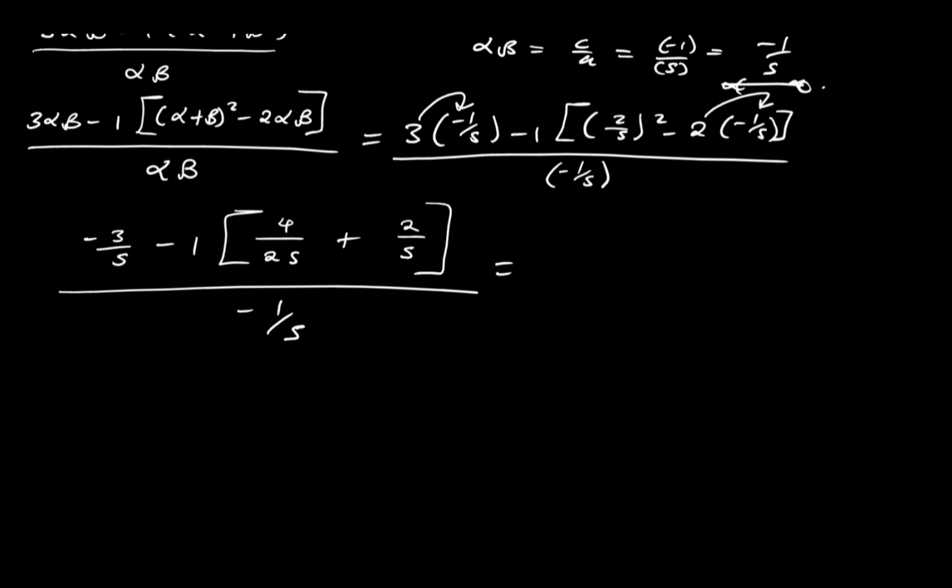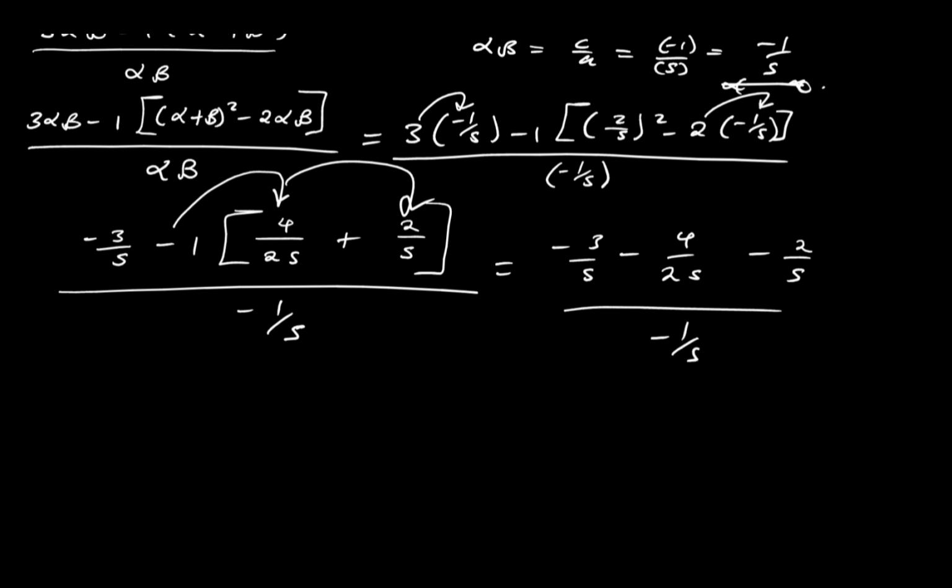So basically this is the same as having -3 over 5, then if I multiply this times that, I'll have -4 over 25 minus 2 over 5, over -1 over 5. So I can do a side working for my numerator: -3 over 5 minus 4 over 25 minus 2 over 5.